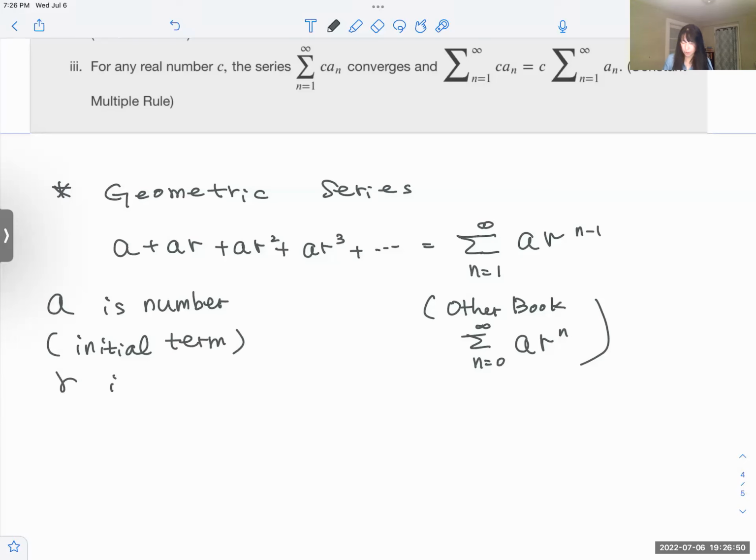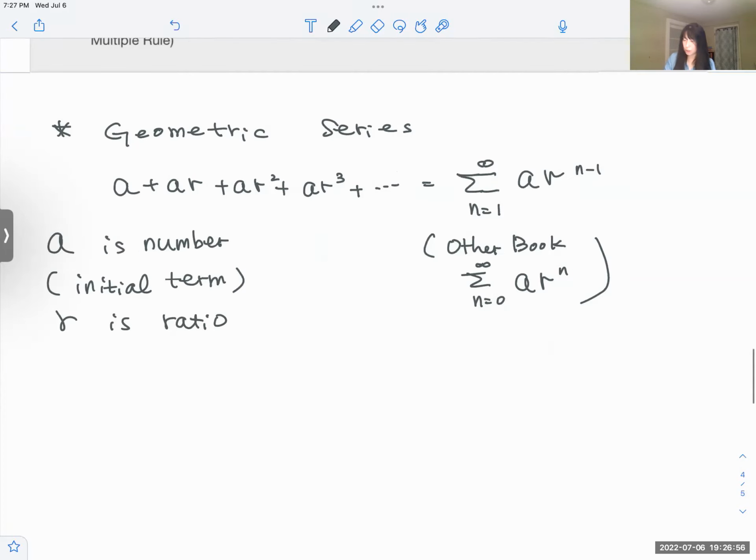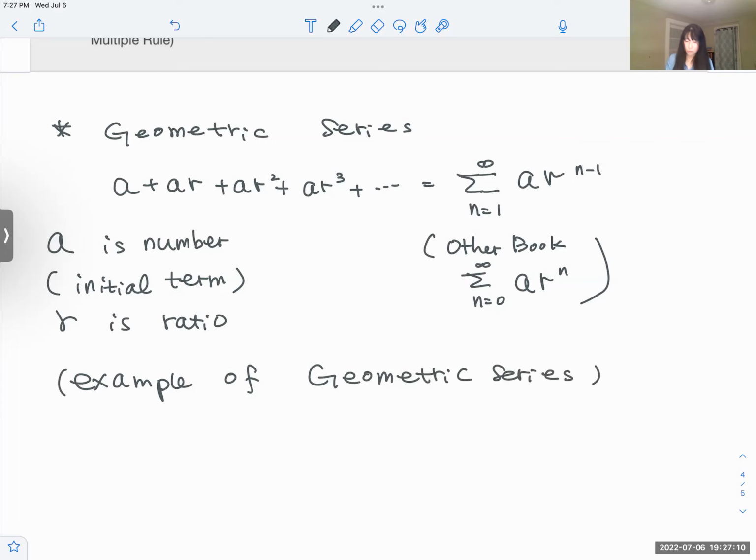And r is a ratio, which is a fraction, right? All right, so an example of a geometry series looks like that. Summation, we have n from 1 to infinity of 1 over 2 to the n minus 1.